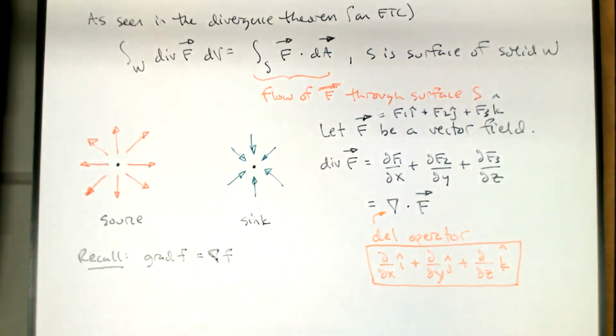In this case, we're just applying the del operator to a function of three variables. And we're getting a vector field. Here in the divergence, we're taking the del operator dot the vector field, and that's why we're getting this scalar, the divergence.